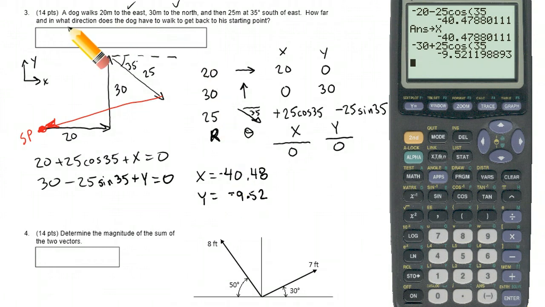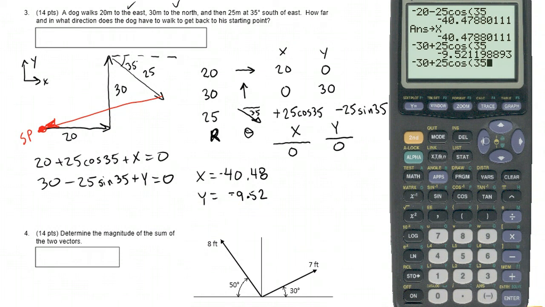The question asks how far and what direction. Okay, let me double check my numbers here. 30 minus 25 sine 35. Alright, slight math error. I had sine here, typed in cosine, so second enter.